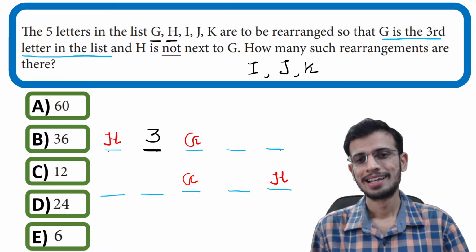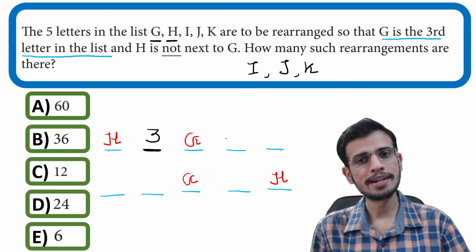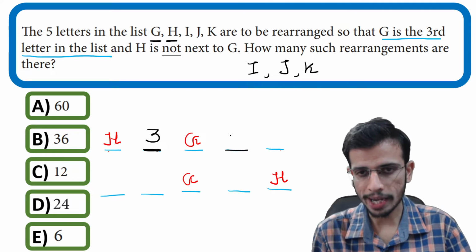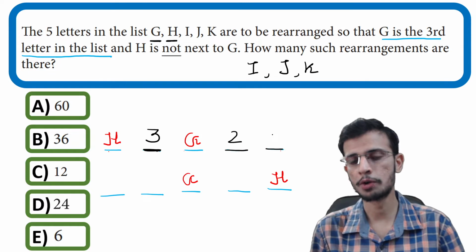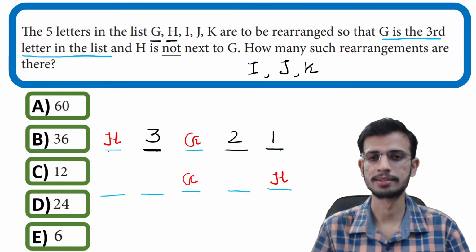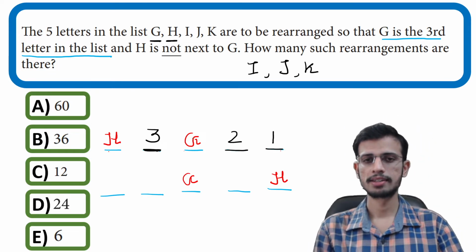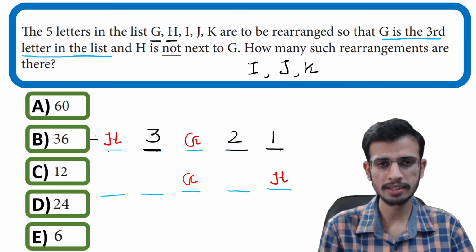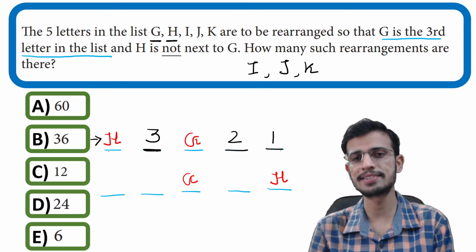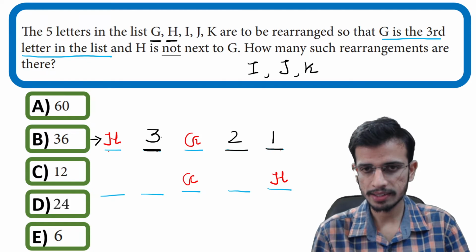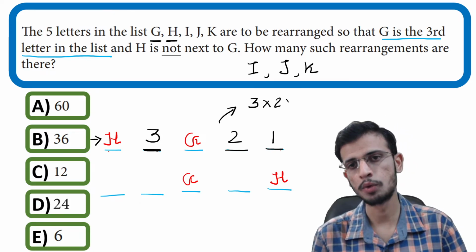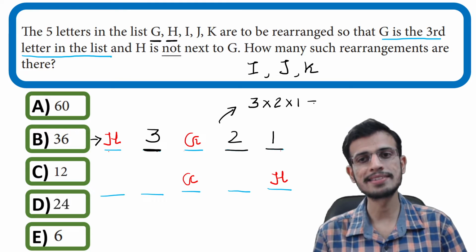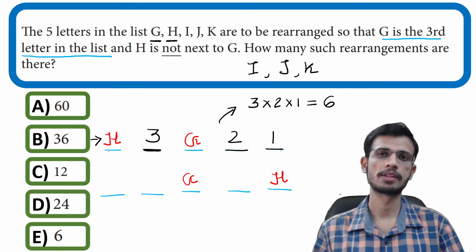Now we are left with 2 letters, and you can put any 1 of them over here. Now we are left with only 1 letter, so we put that letter over here. H and G are fixed. So in this case, we get 3 into 2 into 1, that is 6 possible arrangements.